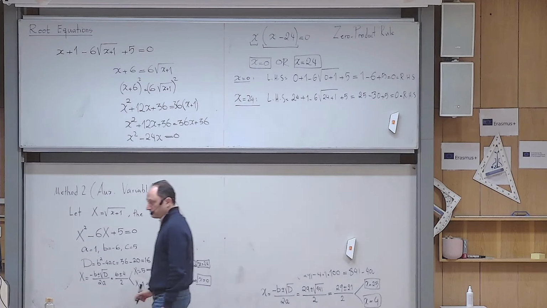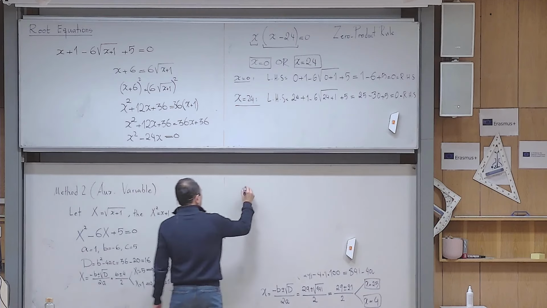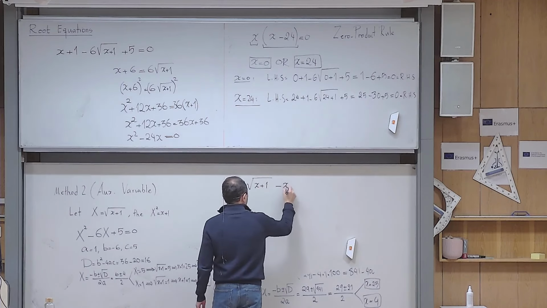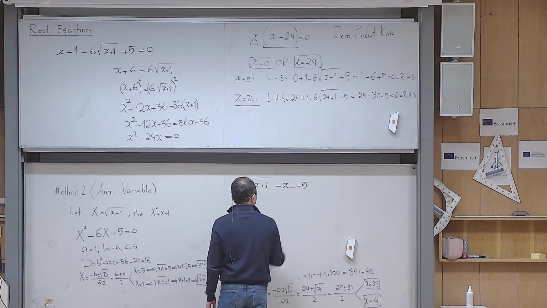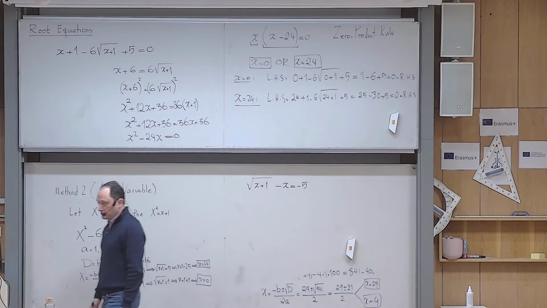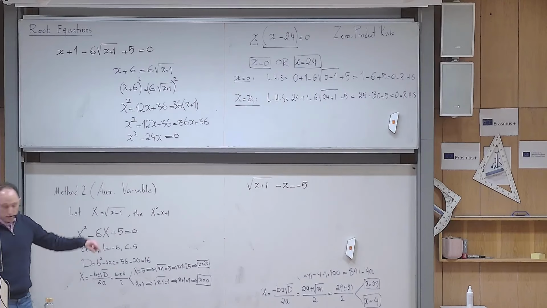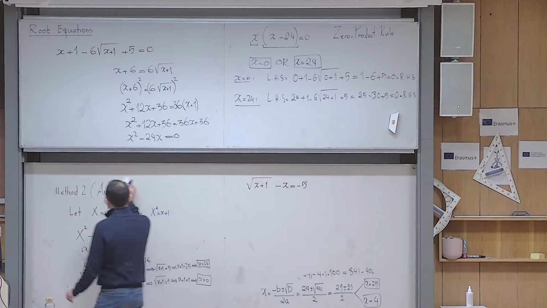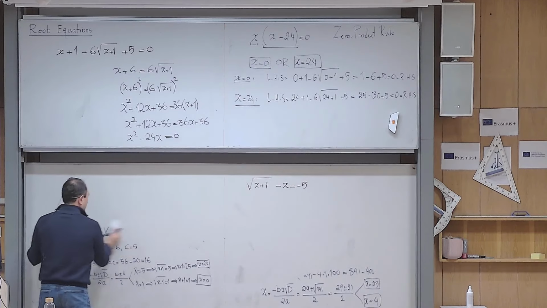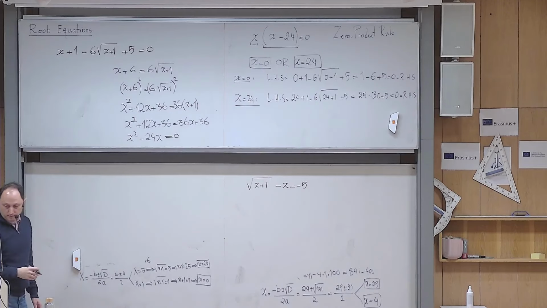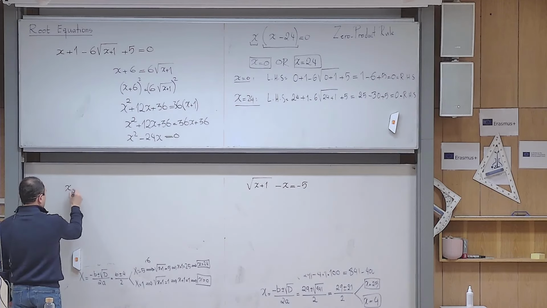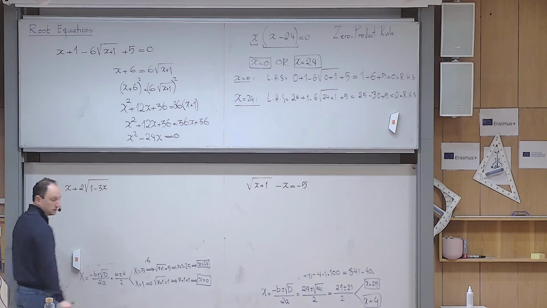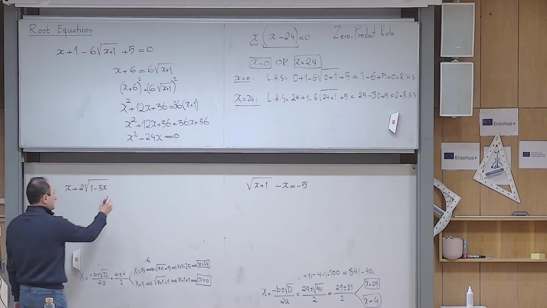So this is the question. Square root of x plus 1 minus x is equal to minus 5. This is one equation. If you finish, don't stop and do this one as well. The problem is x plus 2 square root of 1 minus 3x equals to 3.